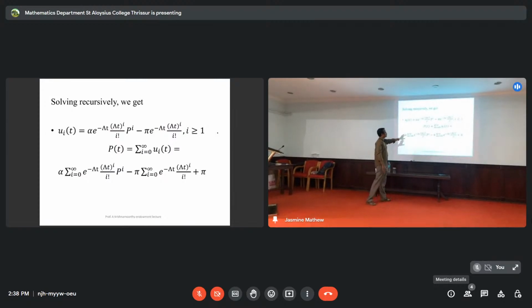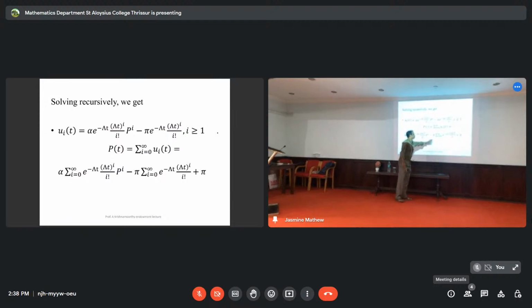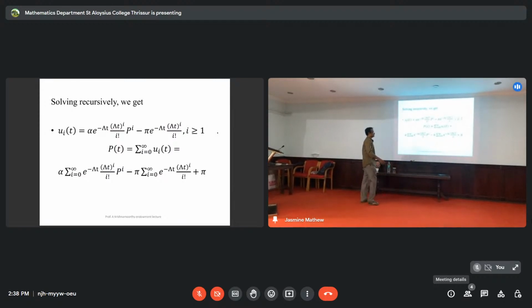And P(t) is the sum of these Ui(t)'s, and that is equal to this. But you can see that these are the Poisson probabilities, and here we are summing all the Poisson probabilities, and therefore the answer is 1. And therefore this is just minus pi, and plus pi is here, so that gets cancelled.